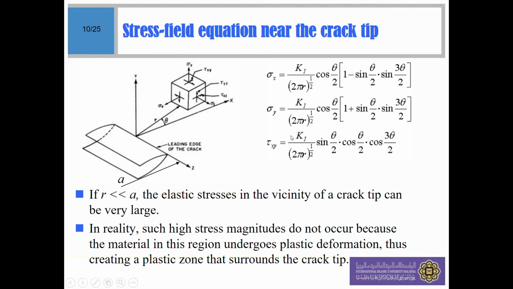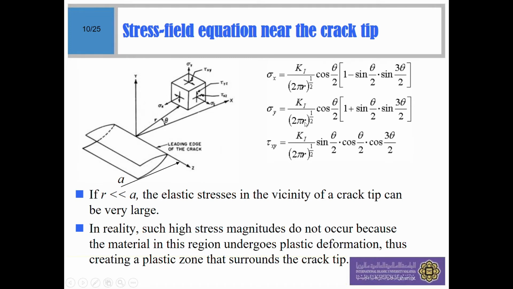Okay, the stress field equation also mentions that if r is less than a, where r means the radius to the position you want to calculate and a is the crack length, the elastic stresses in the vicinity of a crack tip can be very large.